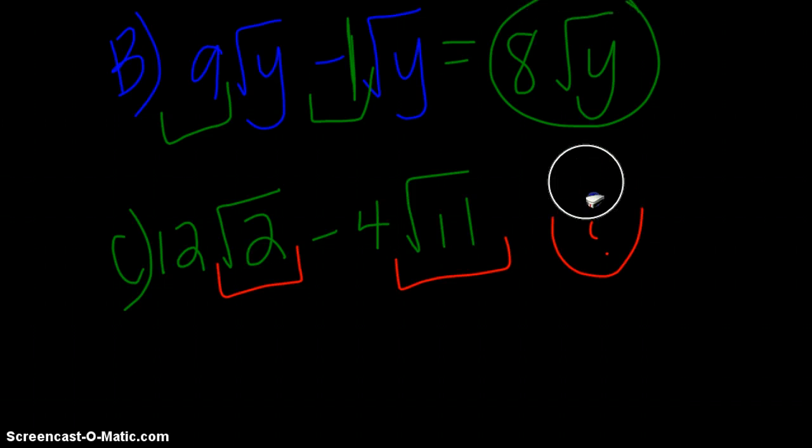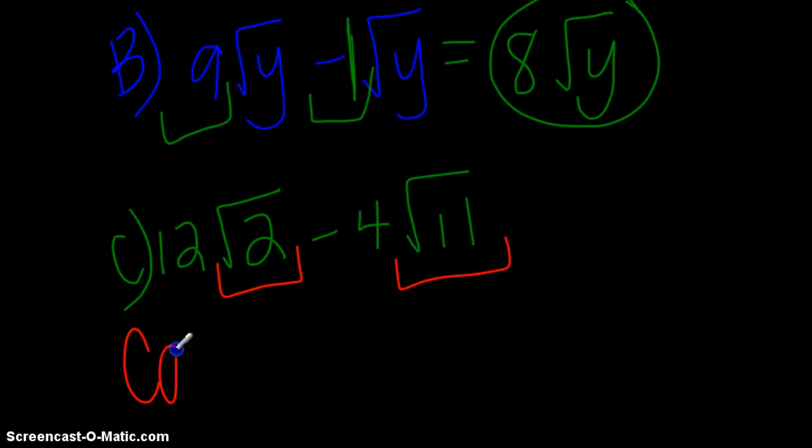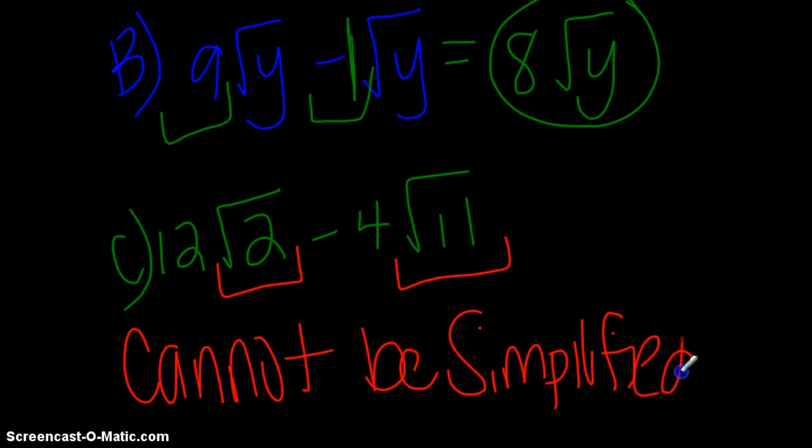So when you look under the radicands, can you simplify them any further? No. So those of you out there that are confused right now and saying this makes no sense at all, you are absolutely correct, because this cannot be simplified. Good. And you might see that every now and then.